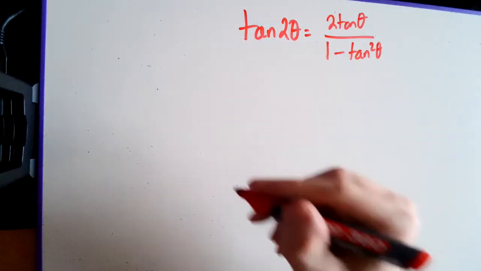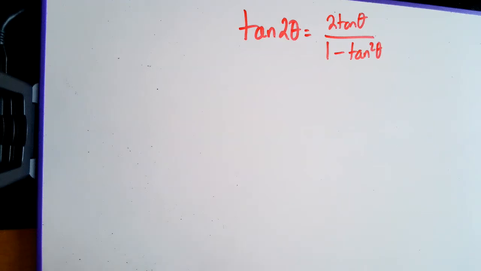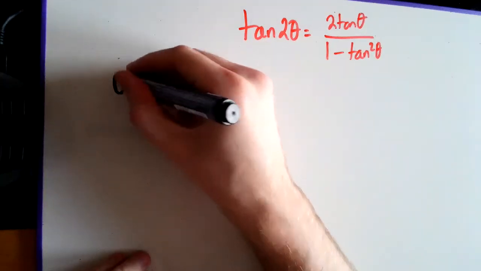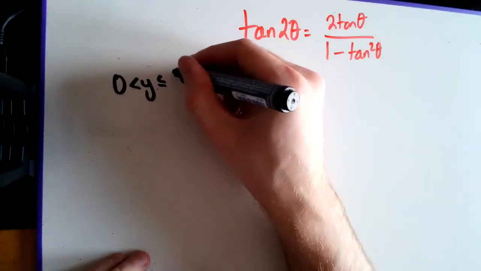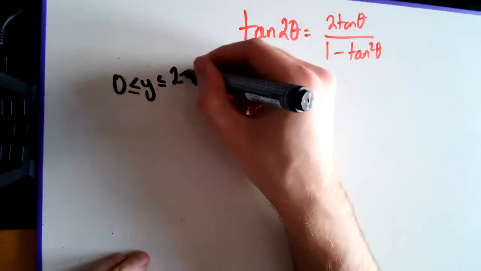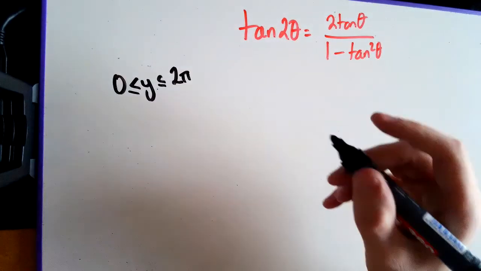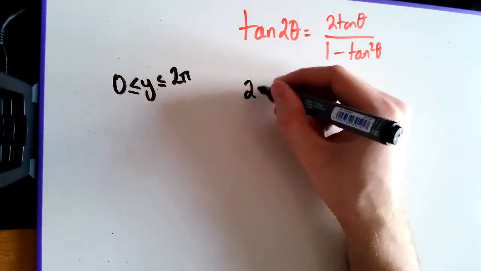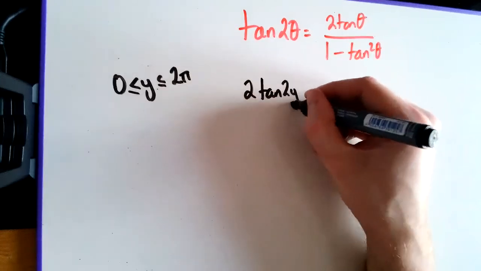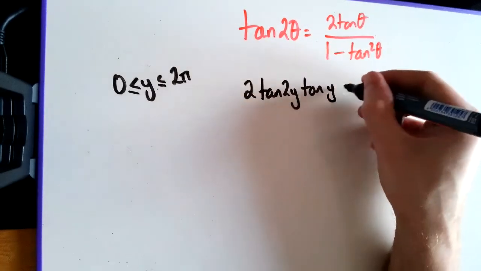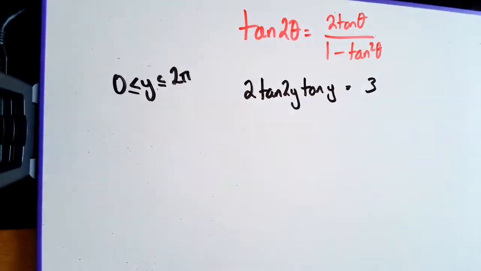Now I'm just going to do one example for this. Let's use y, and let's make it go between 0 and 2 pi, to go back to radians. The question is 2 tan 2y times tan y equals 3.